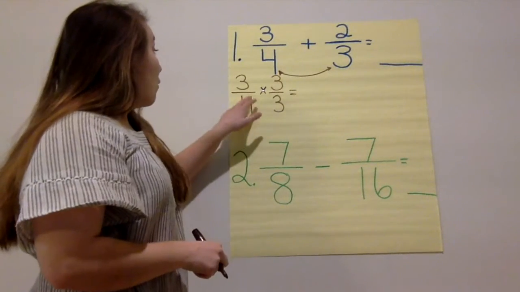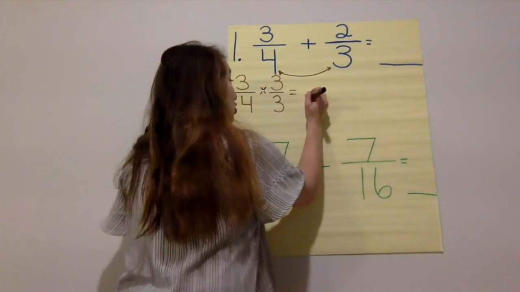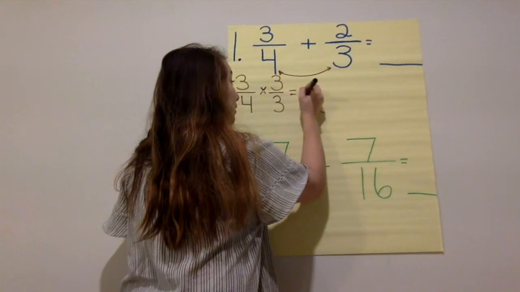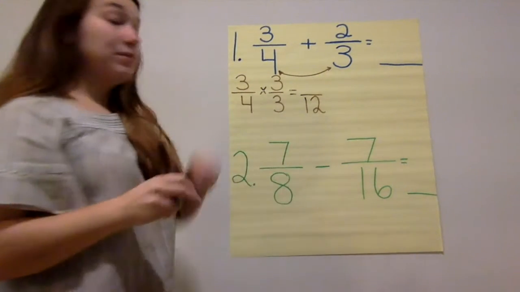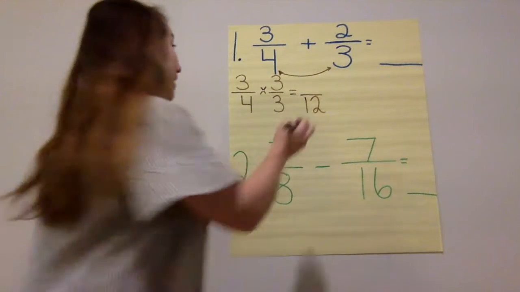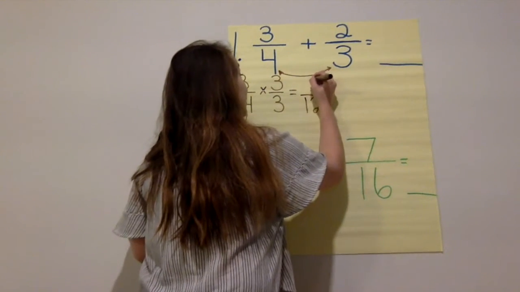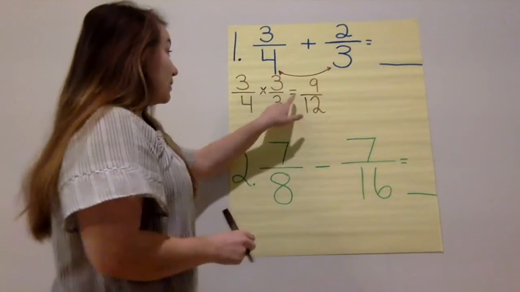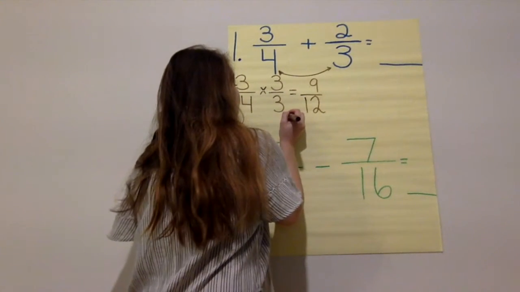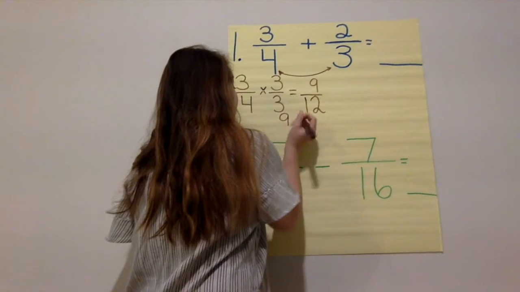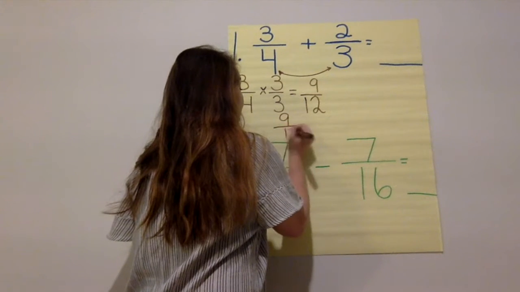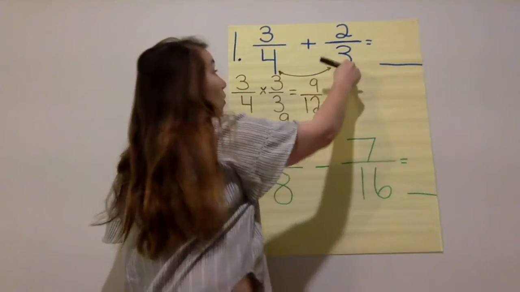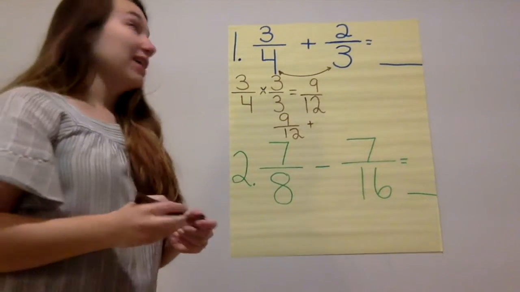All right, and then we can go ahead and solve this multiplication problem. So 4 times 3 gives us 12. And 3 times 3 gives us 9. All right, so 3/4 is going to be the same thing as 9/12. I'm going to write that right down here. And then we got to figure out what we're going to be adding by, okay?